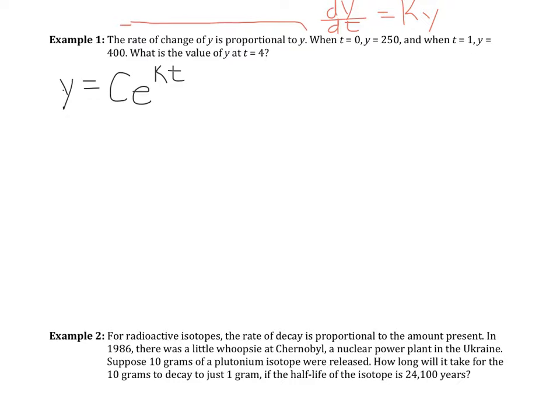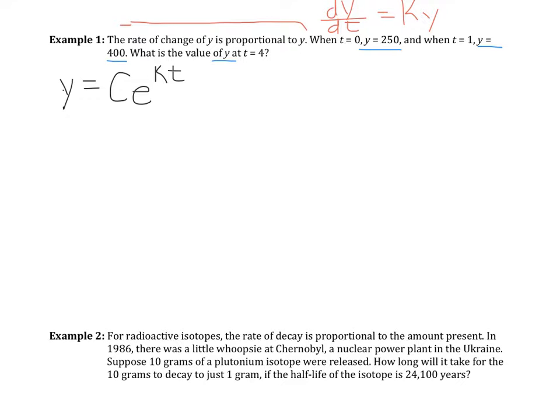But then it says when t equals 0, y equals 250. And when t equals 1, y equals 400, right? What is the value of y at t equals 4? All of this to say they're asking you about function y. They're not asking you about y prime or dy dt or the rate of change of y. So in order to answer these questions, we need function y, right? So luckily, we know that function y is of the form c e to the kt.